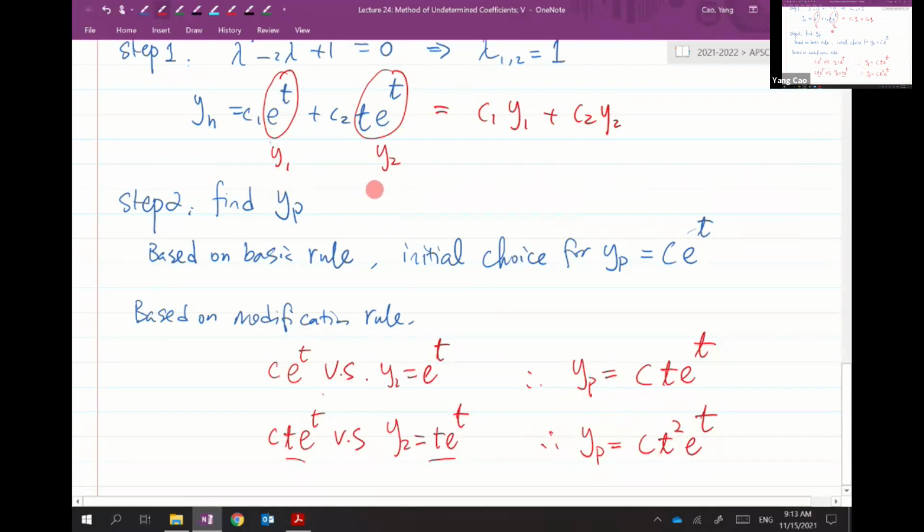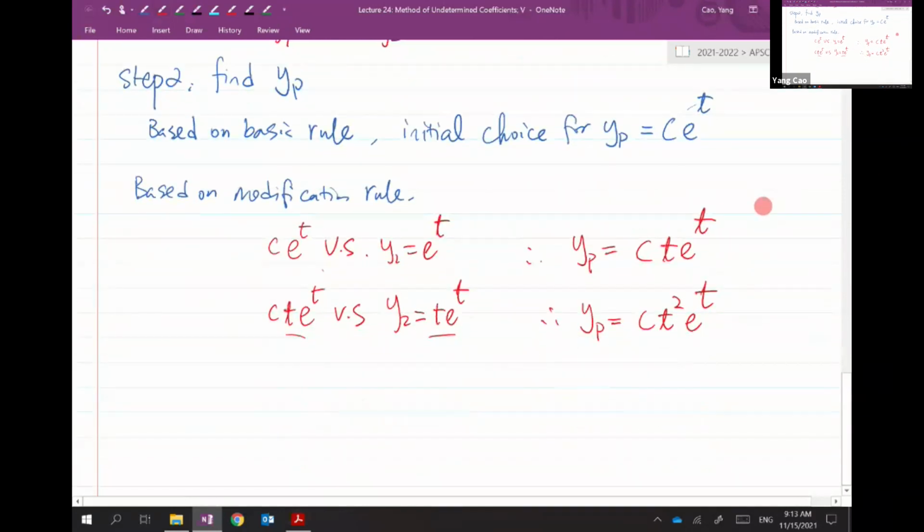They're different by any means. So you don't have to do any modification anymore. Your final choice for the yp will be this ct squared e to the power of t. That's what the modification rule basically means.